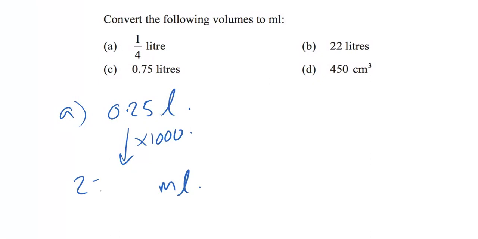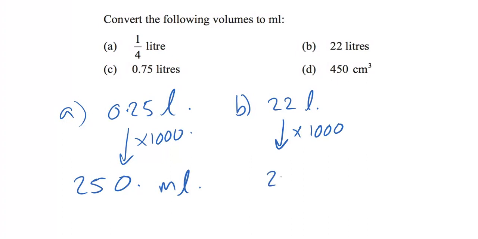It's going to be 250 milliliters. For part B, if I start off with 22 liters, again, to get to milliliters, I times by 1,000. So that's going to be 22,000 milliliters.